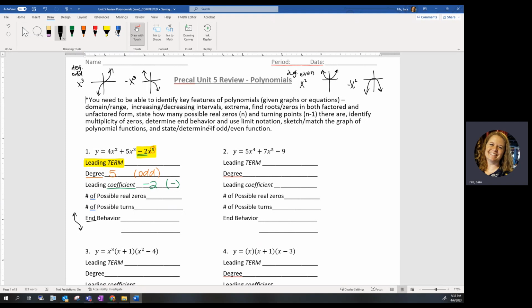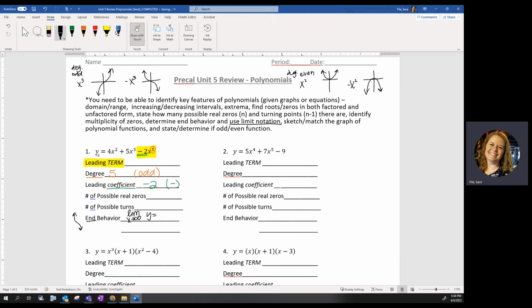Now, limit notation, where did it say that up here? Use limit notation. That's where we need to be able to say that the limit as x approaches infinity, that means the right side, because x goes to infinity as we go right, the function, and actually this one is not called f of x, they just called it y, so I'll just use y.